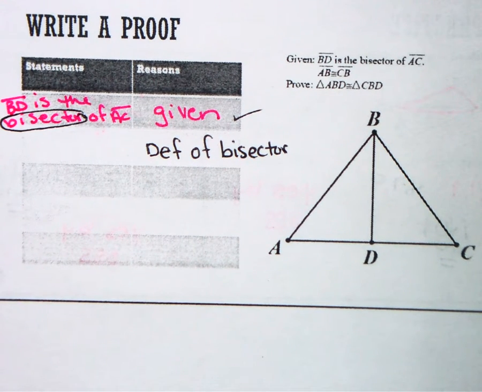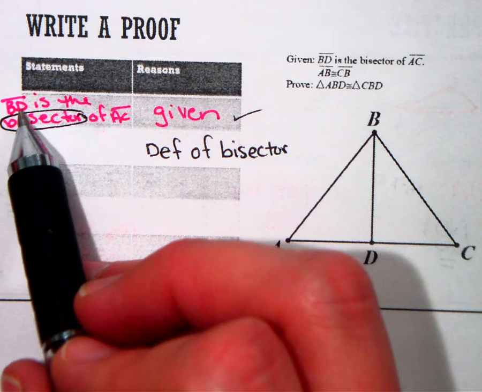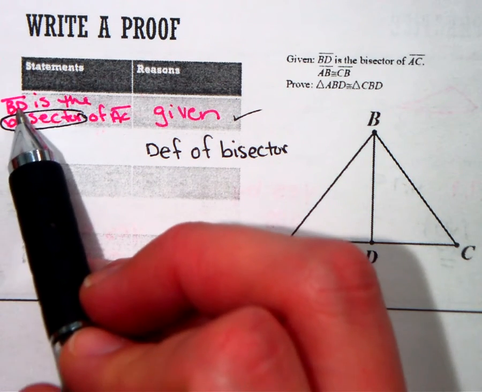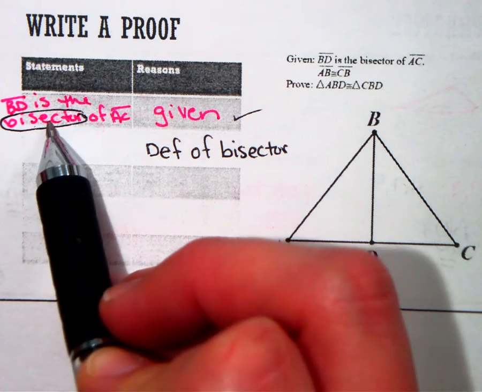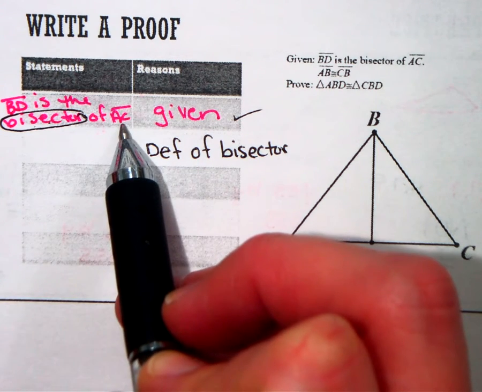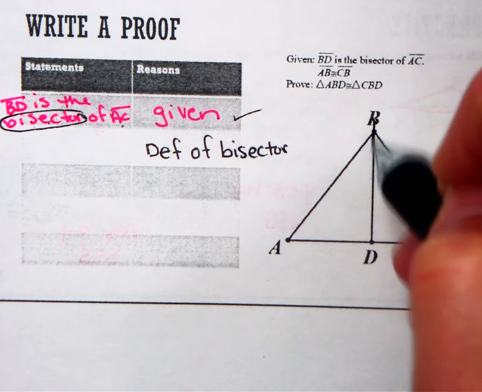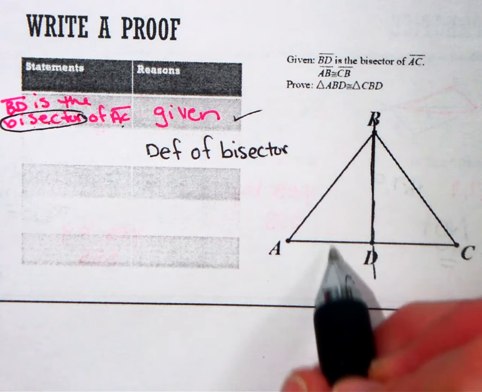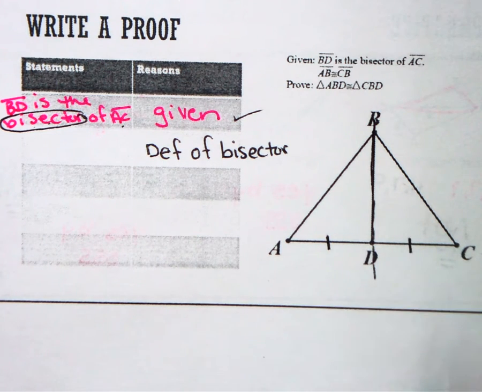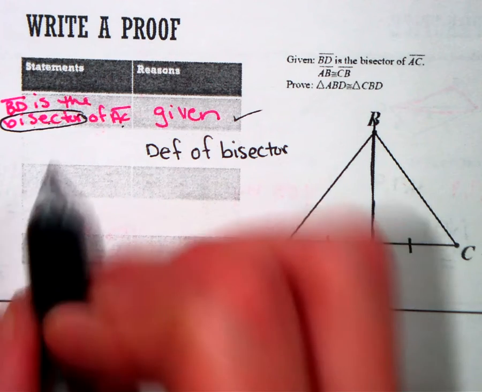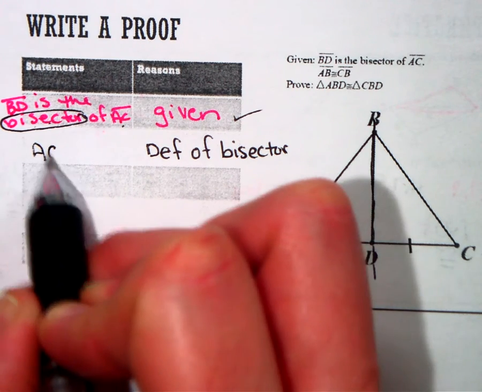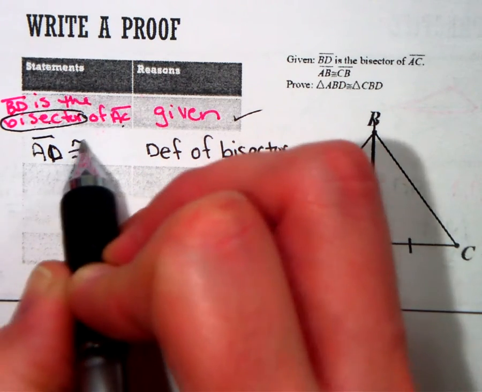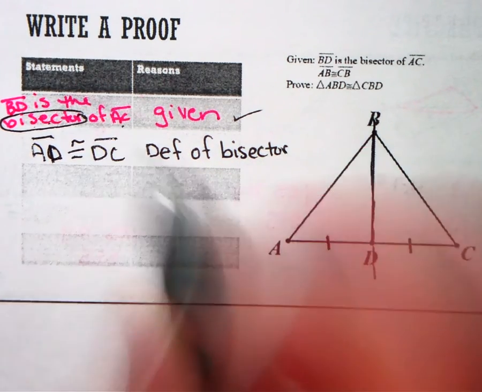The second part of this is that we know that BD, or to read this in kind of a little bit more student-friendly terms, BD is cutting AC into two equal parts. So BD is cutting this line into two equal parts. So the two equal parts of that line are right there. So in my second step, I'll say that AD is congruent to DC. And I have that marked.